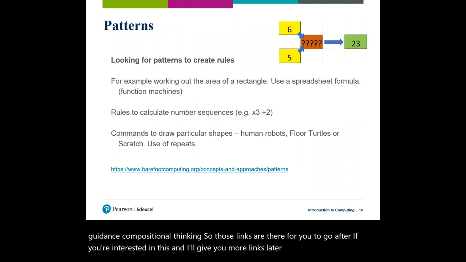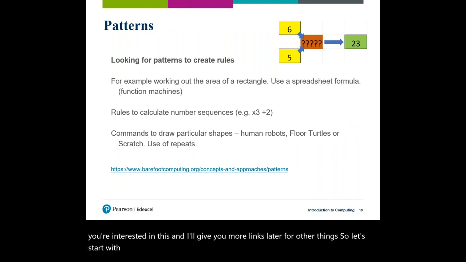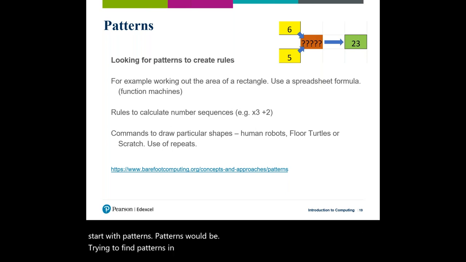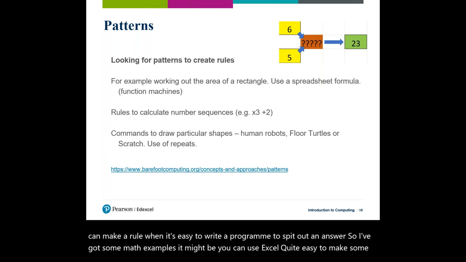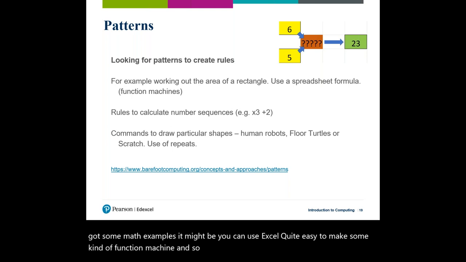So let's start with patterns. Patterns would be trying to find patterns in the things you're looking at. Can you make a rule? And if you can make a rule, then it's easy to write a program to spit out an answer. So I've got some math examples. You can use Excel quite easily to make something called a function machine. I've got a little picture up here.